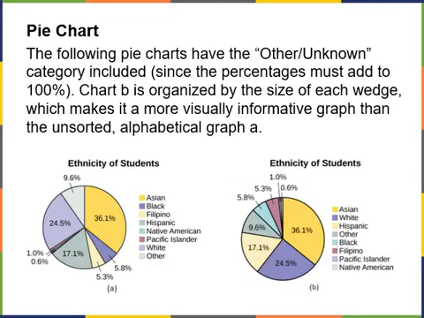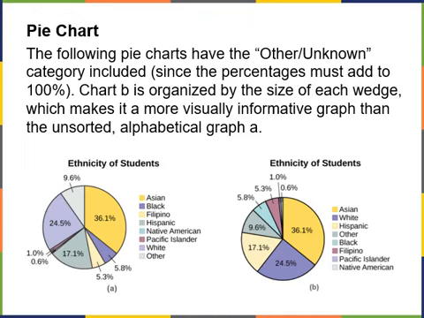So the following pie charts have the other unknown category included since the percentages must add to 100%. You can see chart A and chart B, we're both presenting the same information, okay? But typically in a pie chart, what we will do is go clockwise from the top, starting with the largest portions, going to our smallest percentages or categories here.